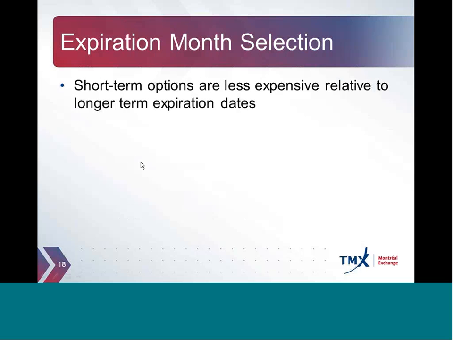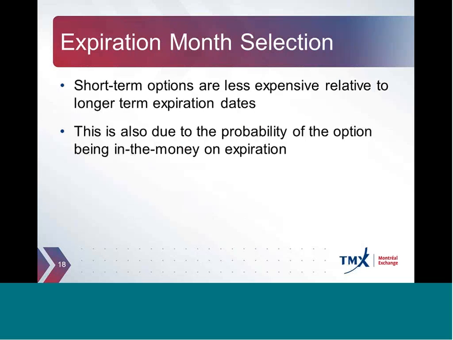The other consideration, which also has everything to do with probability, is the expiration month selection. Short-term options are less expensive relative to longer-term expiration dates because they have a higher probability of the option expiring.